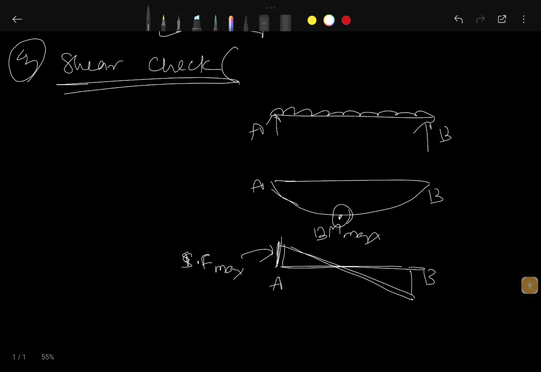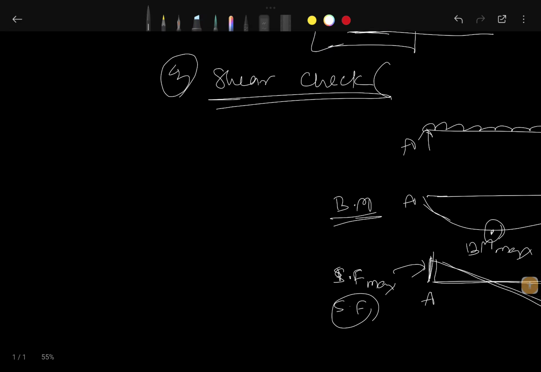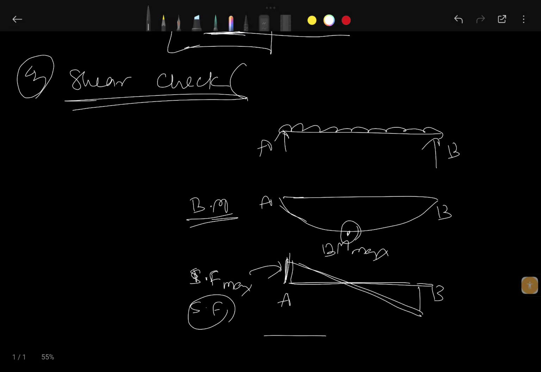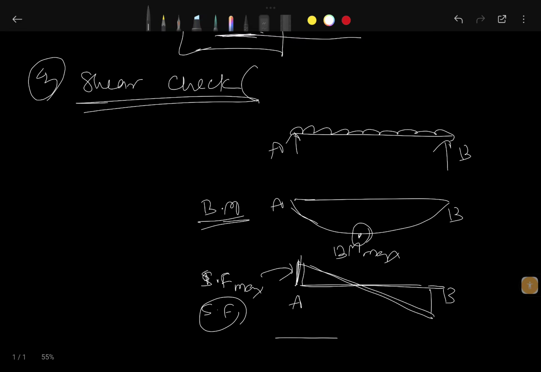This is the bending moment diagram, or this is shear. For the shear check, the maximum shear is at the support, because we consider the purlin beam as simply supported. That's why we consider the shear force maximum at the support.